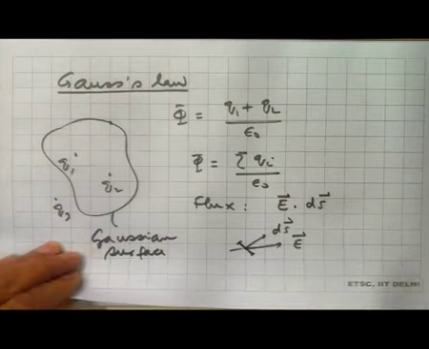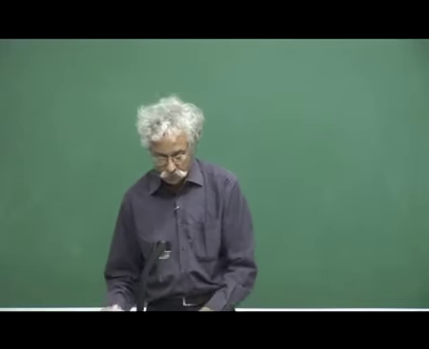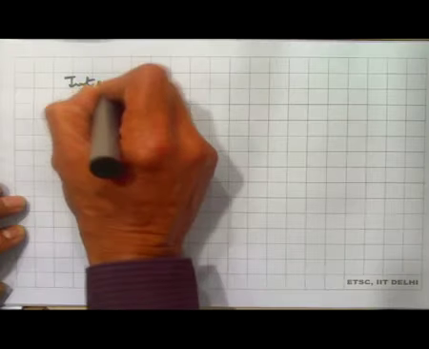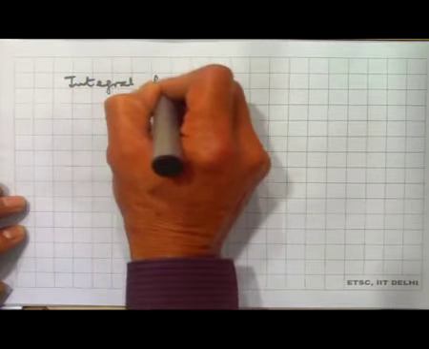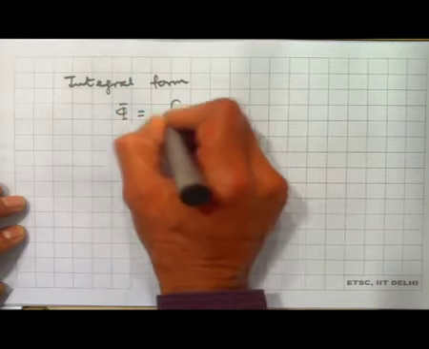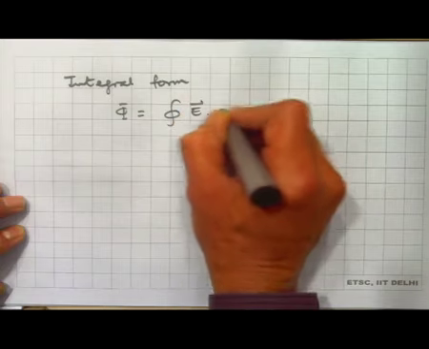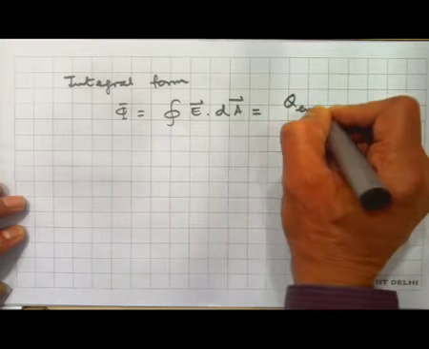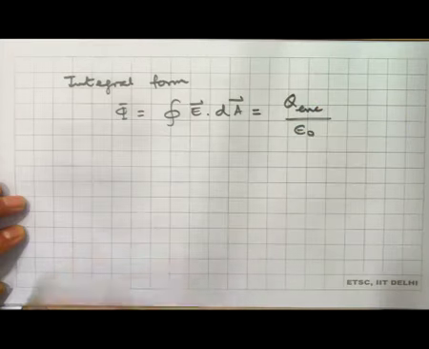I can actually generalize this into an integral form. The total flux is actually the closed integral of E dot dA, which is equal to charge enclosed by epsilon 0.